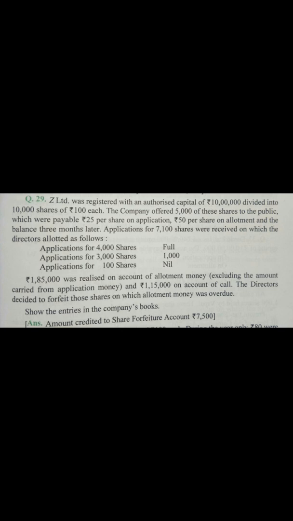That means the money of the remaining 2,000 shares has to be adjusted at the time of allotment, and 100 shares has to be rejected. We have to refund the money of 100 shares.